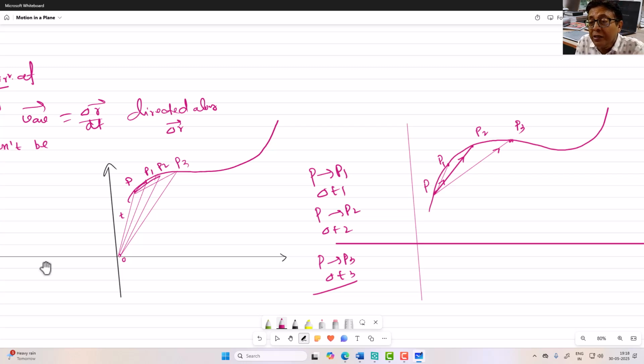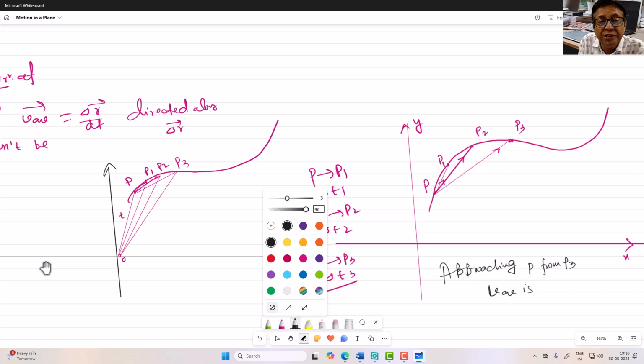Now suppose you are approaching the point P from P3. The average velocity is well defined and the time is too large. V average is along what direction? V average is along PP3.